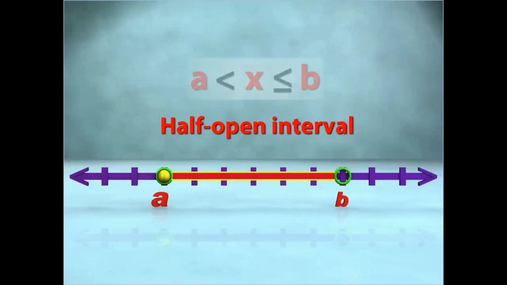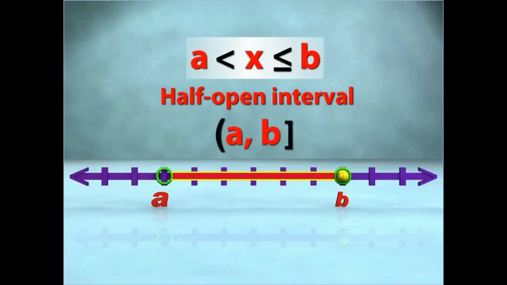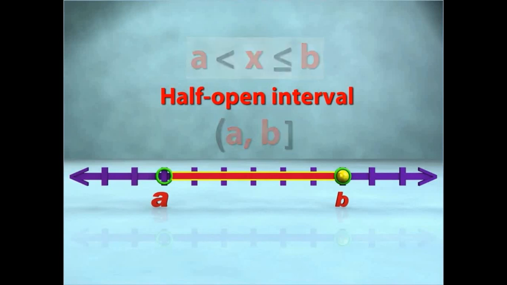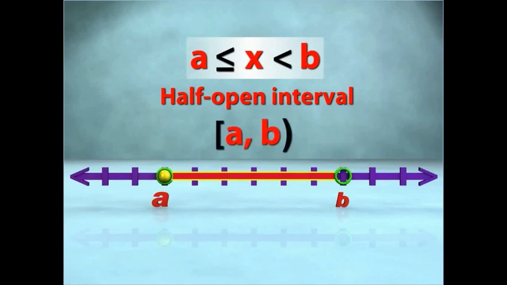When an interval is open on the left and closed on the right, the notation for the interval has a parenthesis on the left and a square bracket on the right. In contrast, when an interval is closed on the left and open on the right, the notation for the interval has a square bracket on the left and a parenthesis on the right.